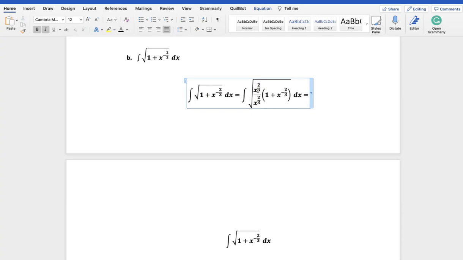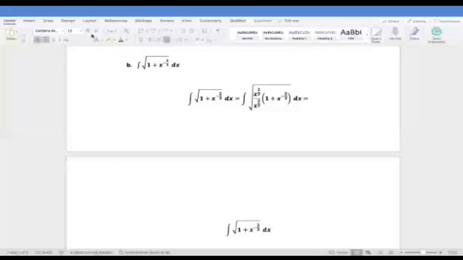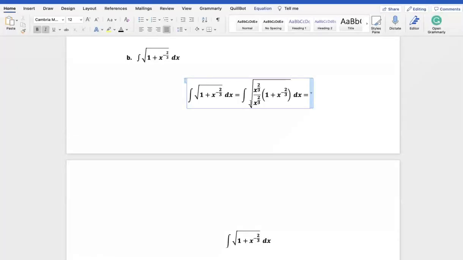The screen is frozen. Sorry? Let me reshare my screen again then. Never mind, sorry, it was my network. Okay, so then can you agree that these two expressions are equivalent?